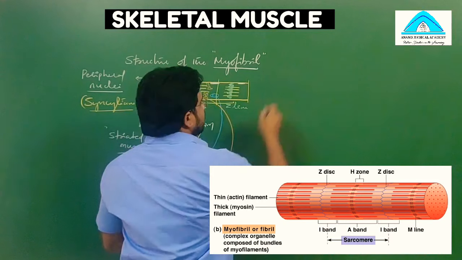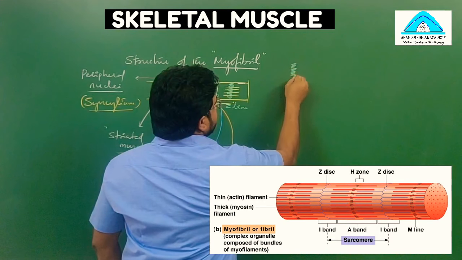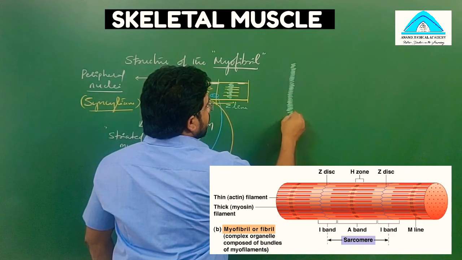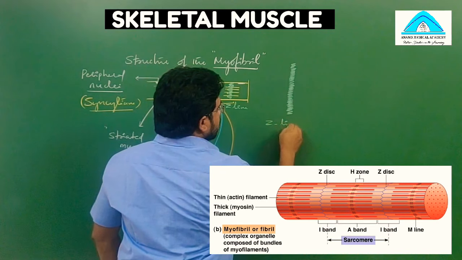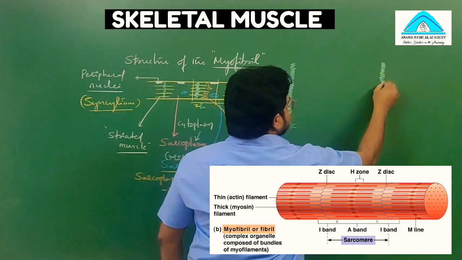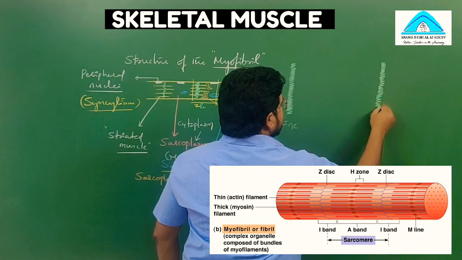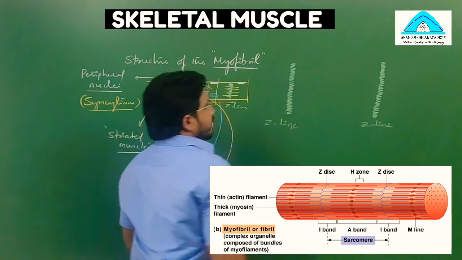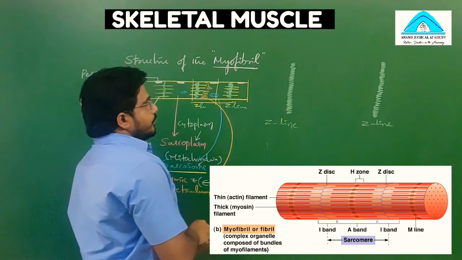If you think this is one Z line, and this is another Z line. By giving some kind of zoom, you can observe this structure in detail.